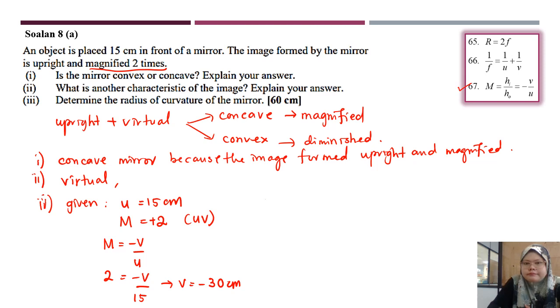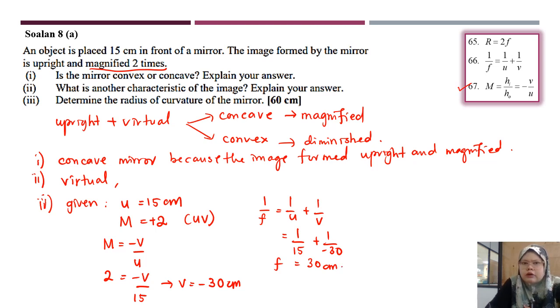And then by using 1 over F equals to 1 over U plus 1 over V, we can find focal length here. So 1 over U is 15 plus with 1 over V negative 30. So here you will get the focal length is equals to 30 cm. Alright, so dia adalah concave mirror kan.